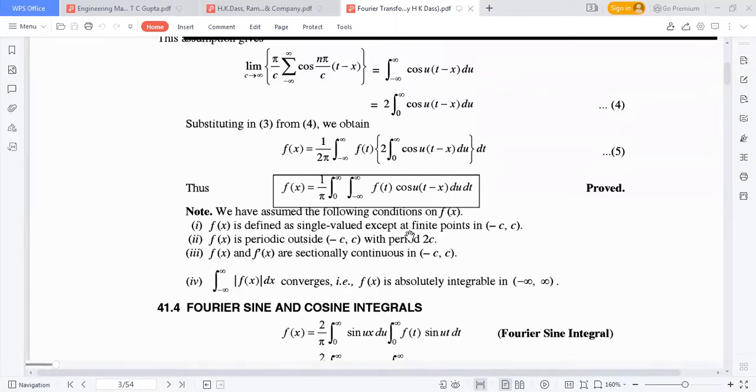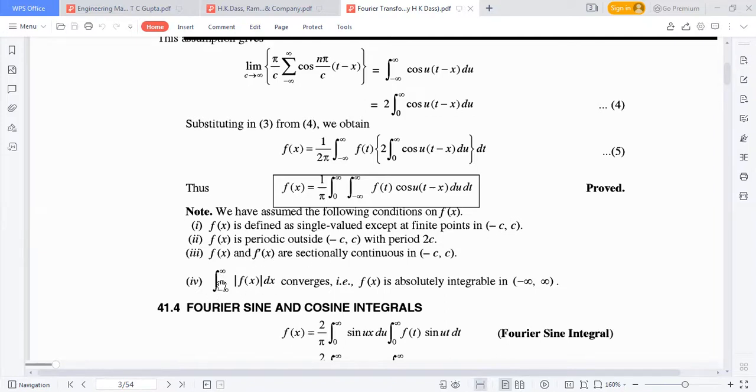That means the period will be twice c. And f of x and its first derivative are sectionally continuous in minus c to plus c. This is the actual interval. Within this interval, the function and the derivatives of that function will be sectionally continuous. That means not continuous at the same interval or same point, so it is called sectionally.